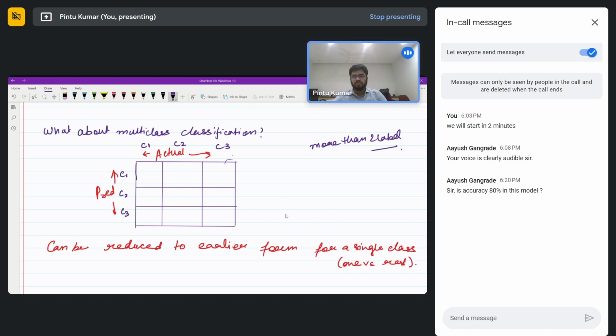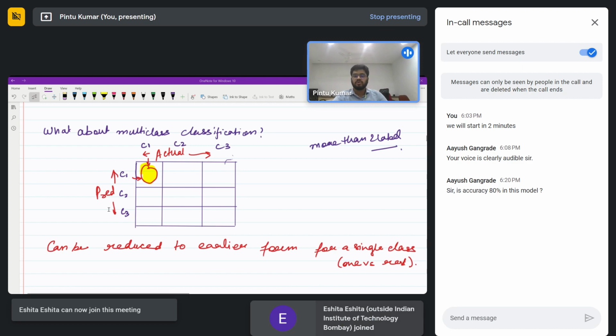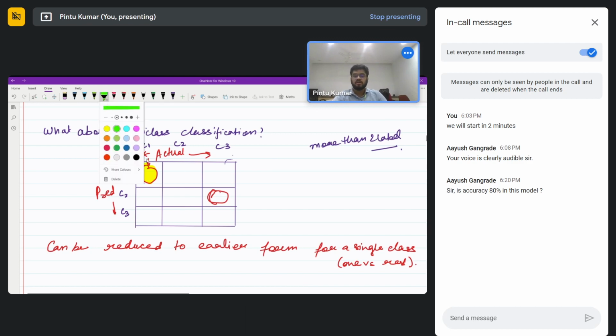So what does this position mean? This position means that it was actually class 1, because it is coming from the column of actual C1, and it was also predicted to be C1. Okay, so this is what this position means. Similarly, if you look at some other position, let's say this red portion, which I'm also highlighting in green, what does this position mean?